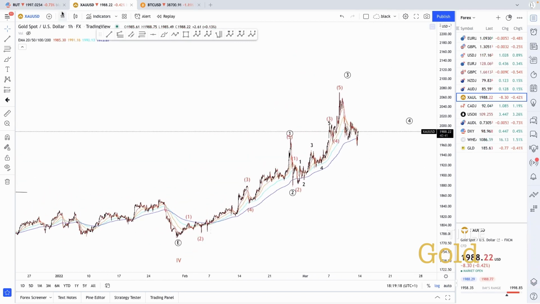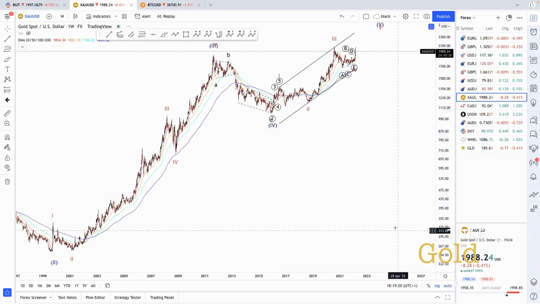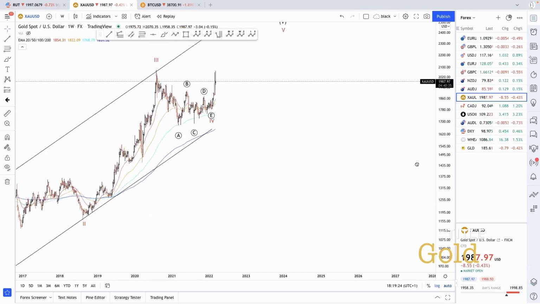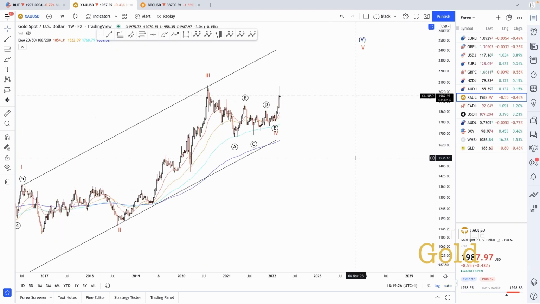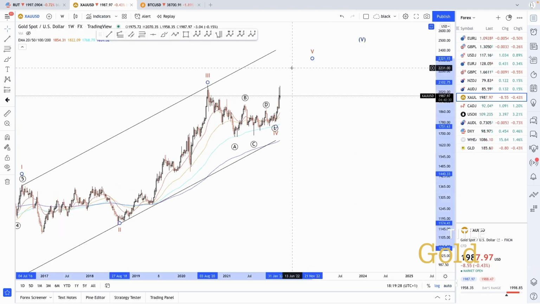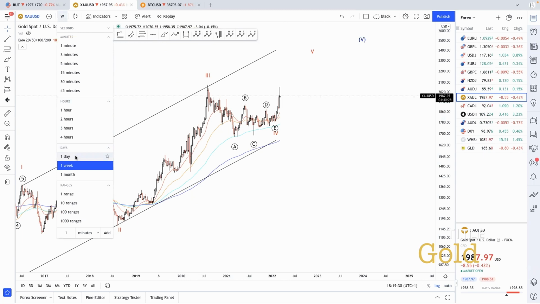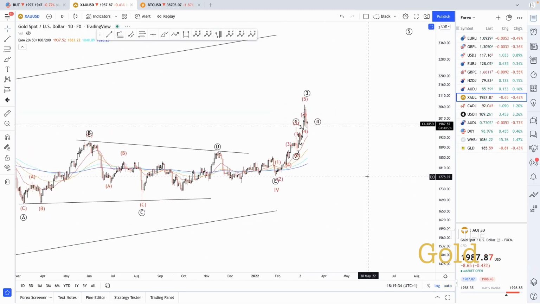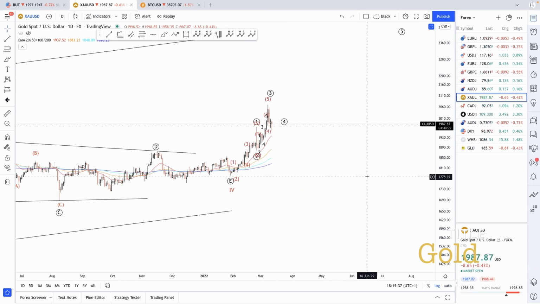So either we have completed this correction, which originated in August of 2020, so almost 2 years ago, and now we're just going to go straight up, or else this could happen.